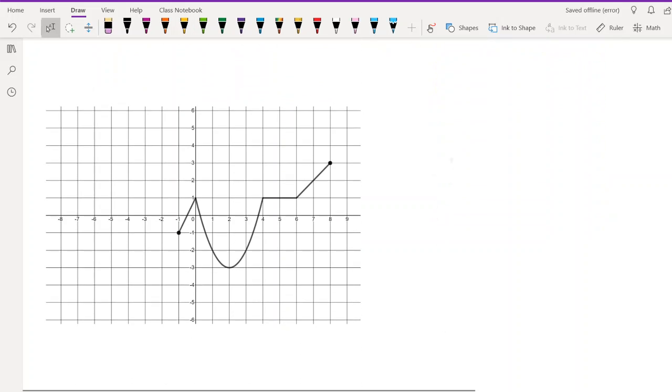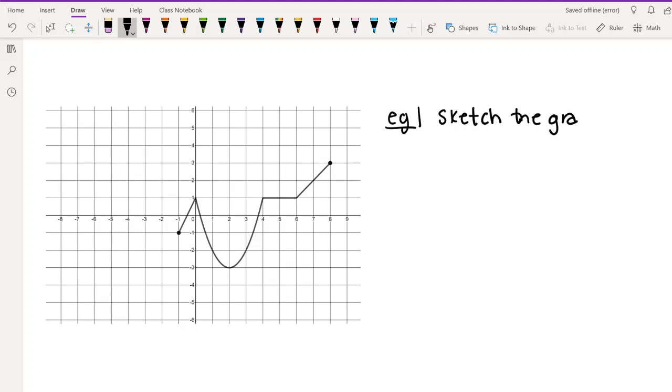Okay, you can probably guess what's next. Next, we're going to sketch the graph of f of -x. Okay, so in this case, we are putting the negative sign now not on the function as a whole, but on x.